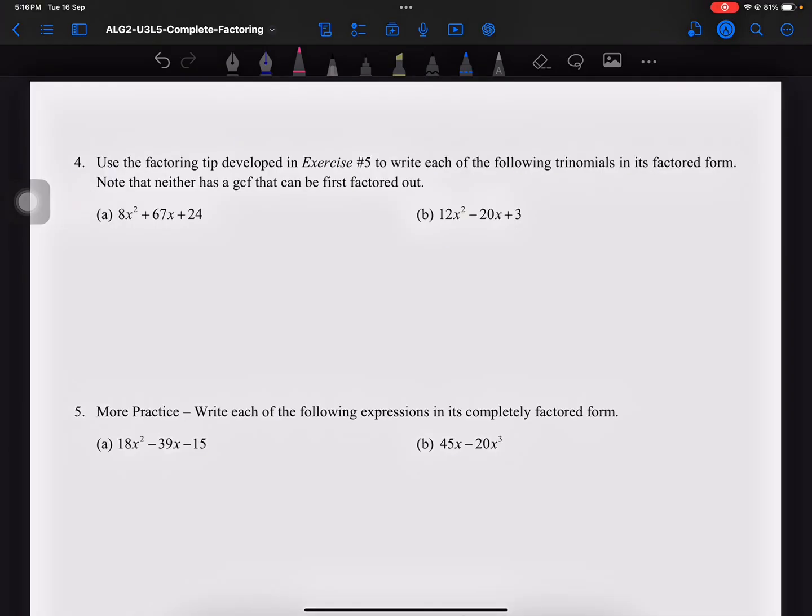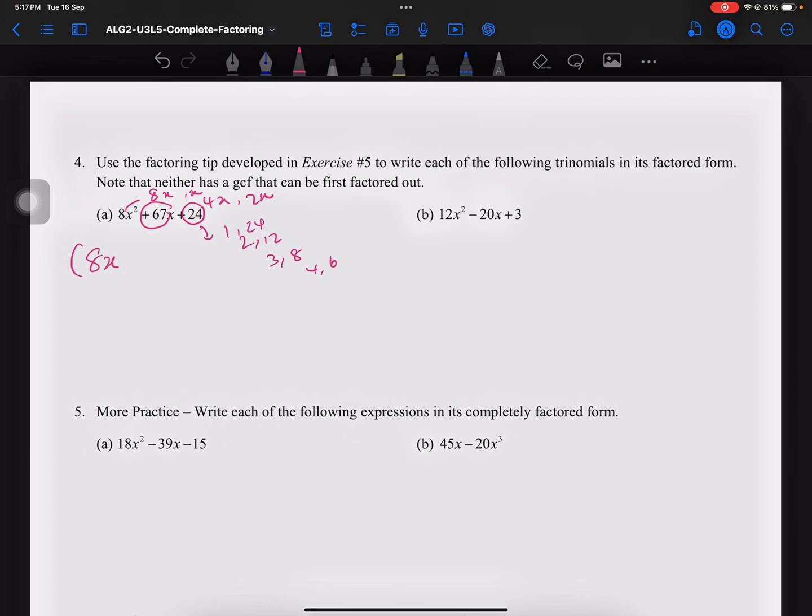Okay, next for this question, you can think about x multiply x, and 4x multiply 2x. The factors of 24 are 1 times 24, 2 times 12, 3 times 8, 4 times 6. Okay, so our sign for C is positive 24, and B is positive 67. So we need to try our factor.